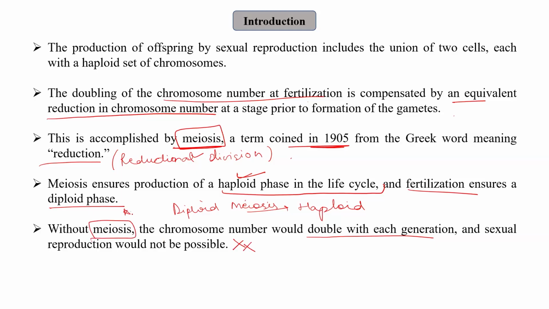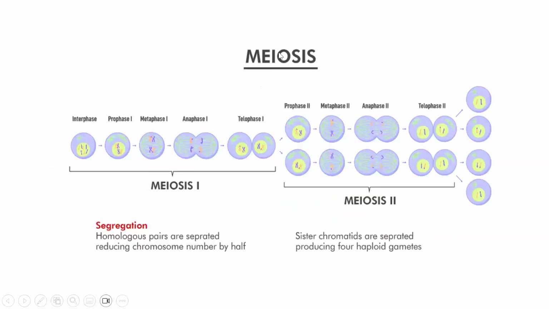So this is the importance of meiosis, why we need to reduce the number of chromosomes. Unlike mitosis, where we do not have mitosis 1 or mitosis 2, in meiosis we have two divisions, meiosis 1, which is followed by meiosis 2. In meiosis 1, the homologous pairs are separated, reducing the chromosome number by half.